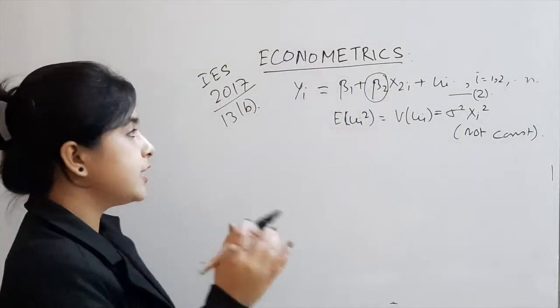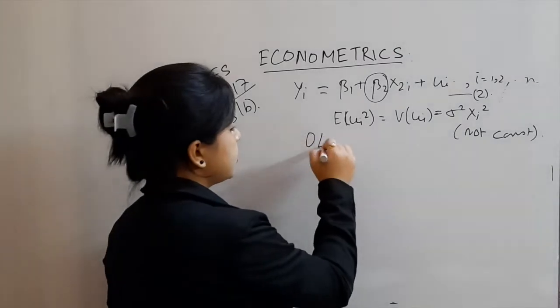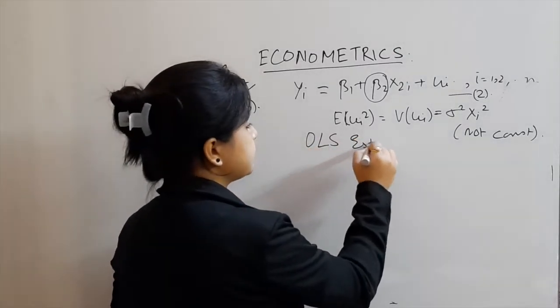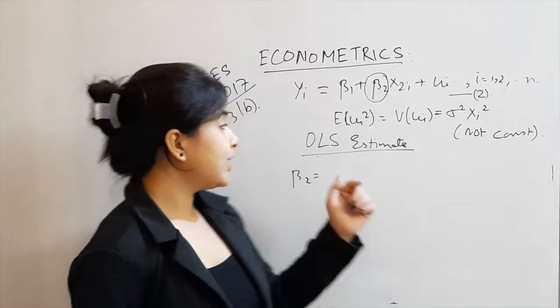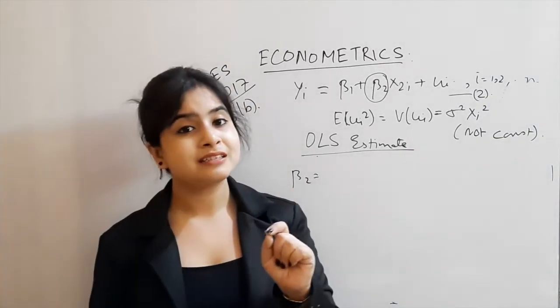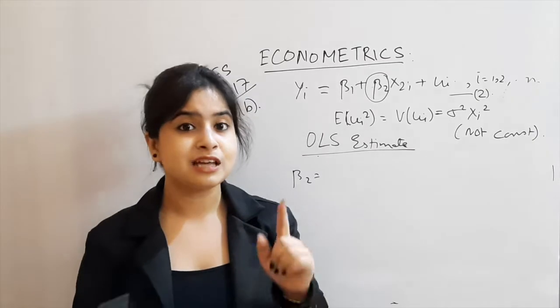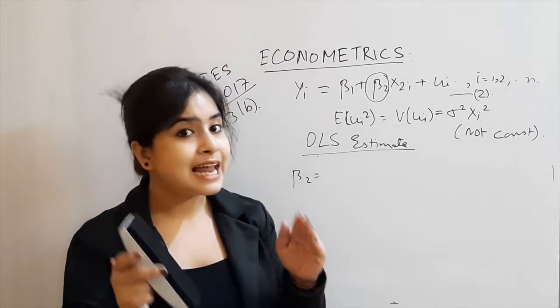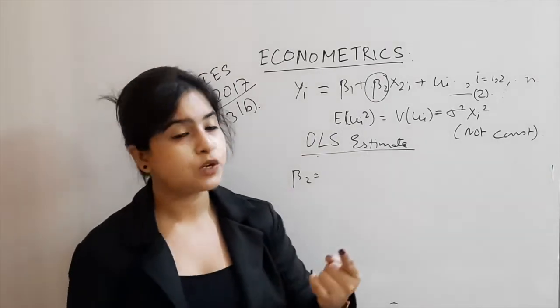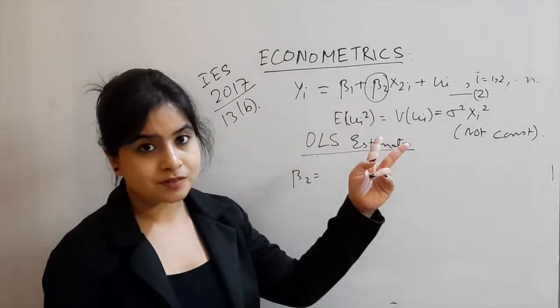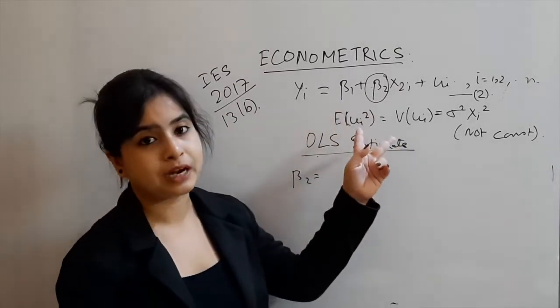Now let's first of all get the OLS estimate. We get the OLS estimate by minimizing the RSS, that means the sum of the squares. That has to be minimized, and then that equation needs to be differentiated with respect to the two parameters, as here there are only two parameters.